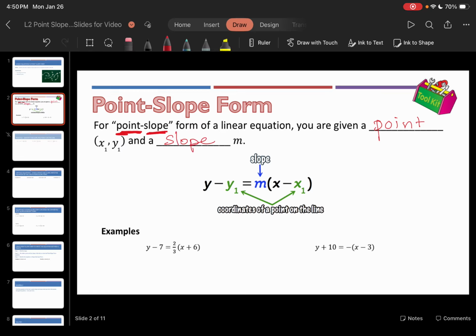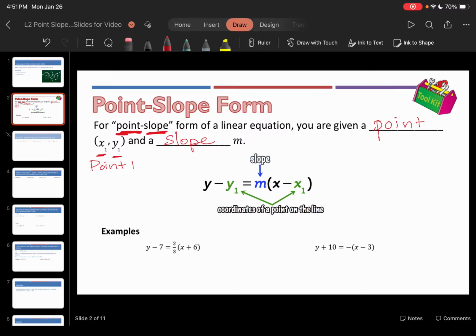And as you know, we always use the letter M to represent the slope of a line, and our points are always coordinate pairs like x comma y, and we're going to say that we're using point 1 to plug into this equation. So we call the x x1 and the y y1.